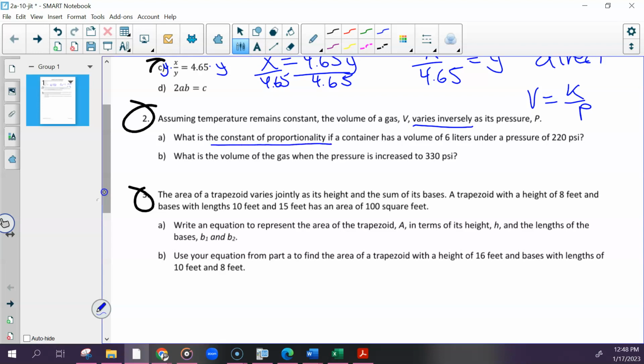And it tells us what V and P are. So if this is inverse, multiply V and P to get K. Do that. Tell me what you get.